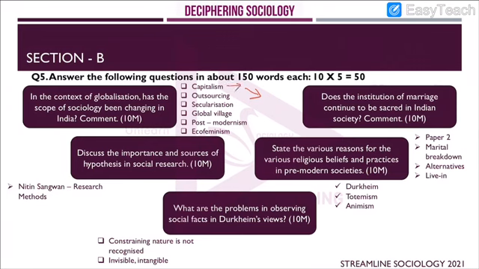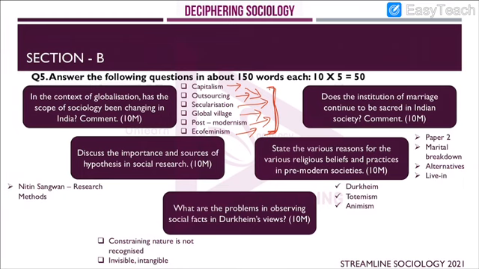For example, capitalism came to India because of globalization. Outsourcing of jobs happened, secularization happened, the world became a global village. We also saw postmodernism, we saw ecofeminism. So all these have broadened the scope of sociology, right?